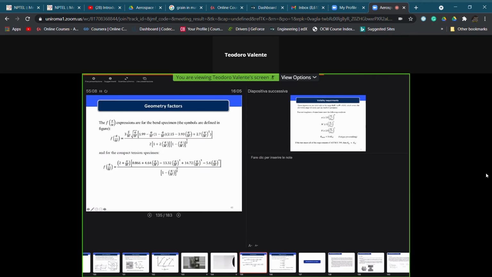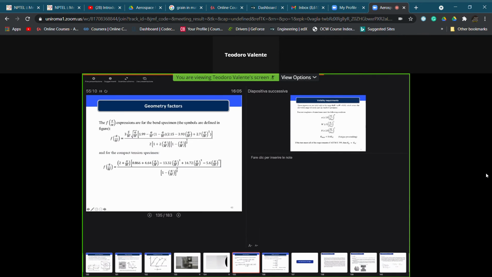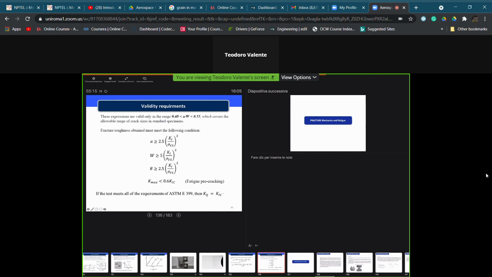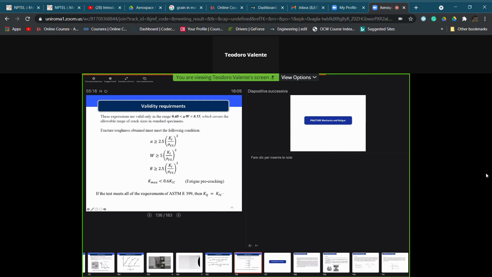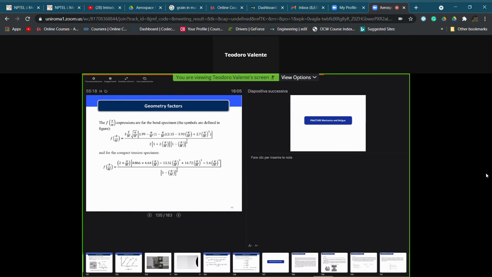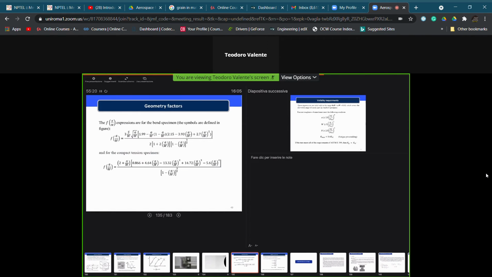I was telling you, this should have come before, that the expression of the geometry factor depending on the ratio between the half length of the crack and the width of the specimen is known. This is, for example, the expression which must be used for the bend specimen.